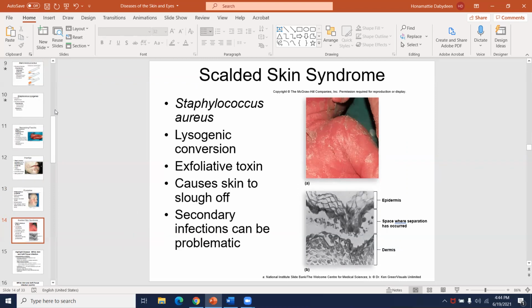Because I told you, the normal flora of the skin could actually be some pathogenic organisms, some really well-known pathogens. So if they are on the skin, and now you're making the skin more accessible to these organisms, of course, you're going to have secondary bacterial infections.